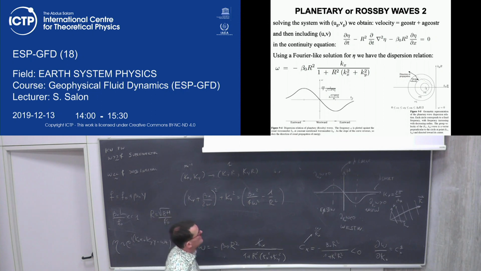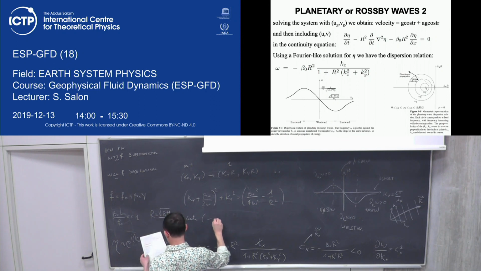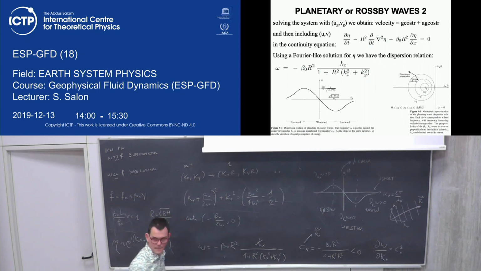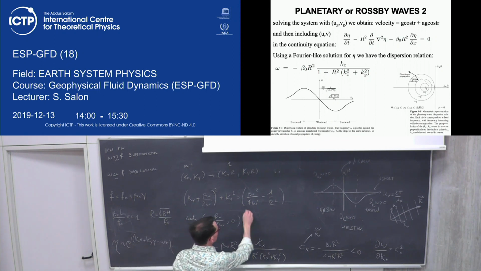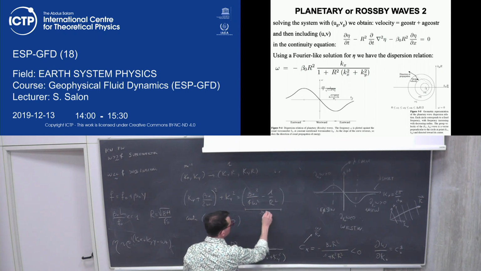So in the kx, ky plane, or kxr, kyr, whatever you like, the center of each circle with omega constant will be at minus beta 0 over 2 omega. And since this is the radius of the circle, of course this must be positive.